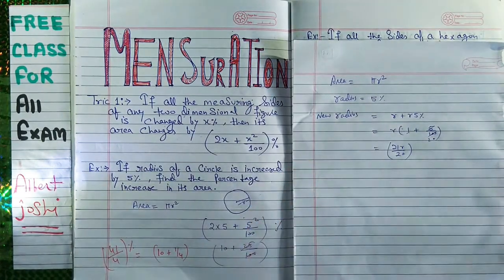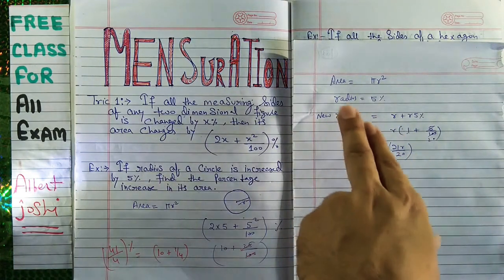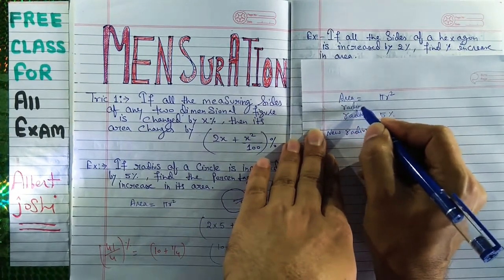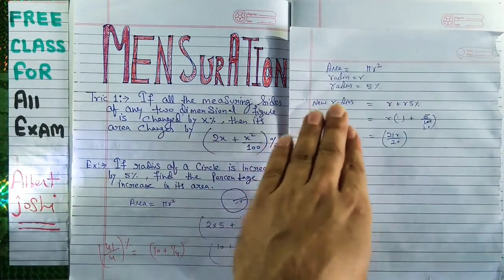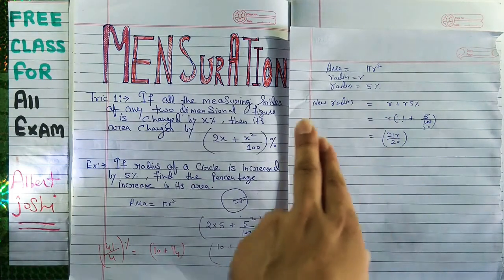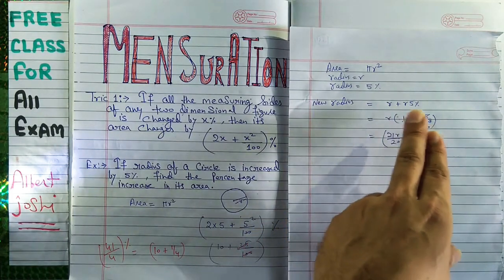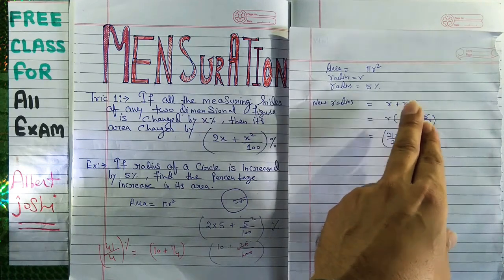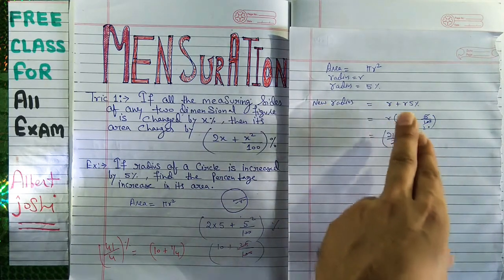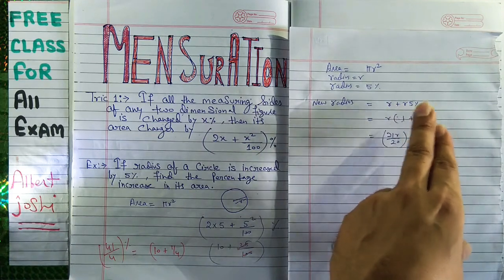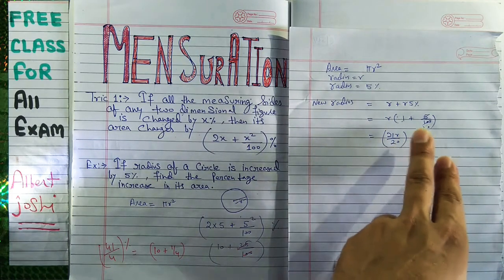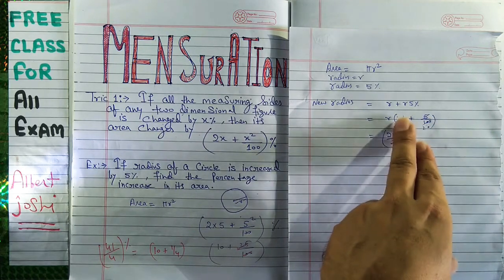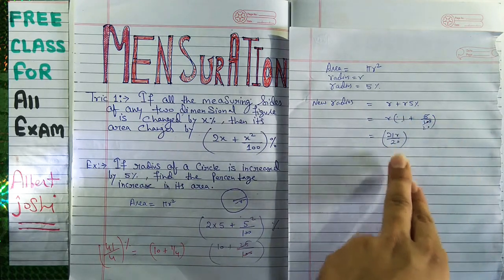So if your old radius is r and you have increased it by 5%, then the new radius will be the old radius plus the increment, that is 21 upon 20 r.